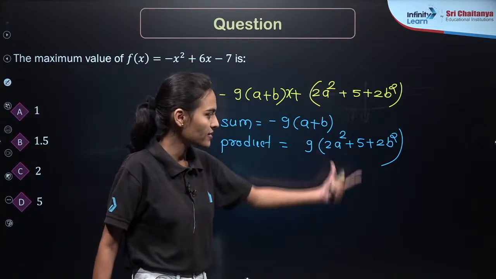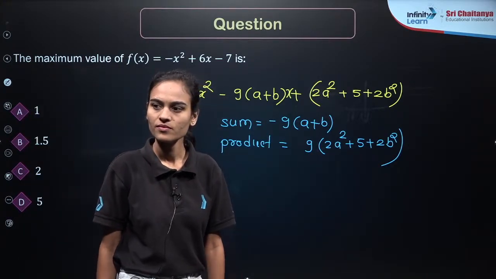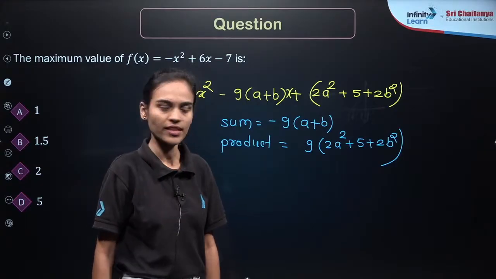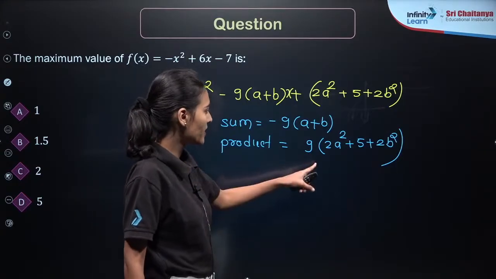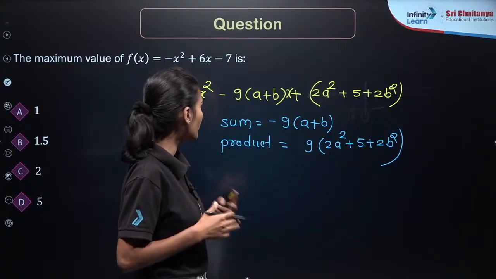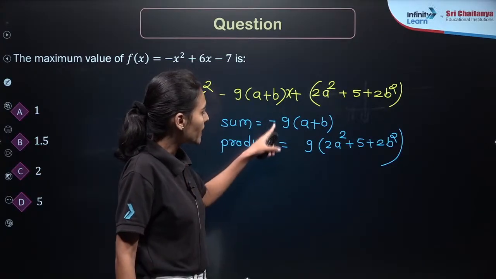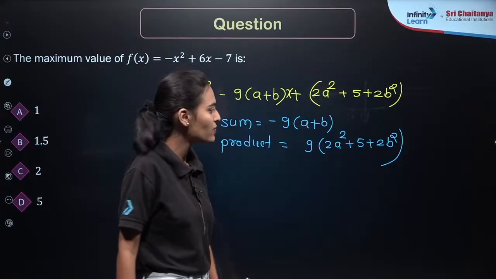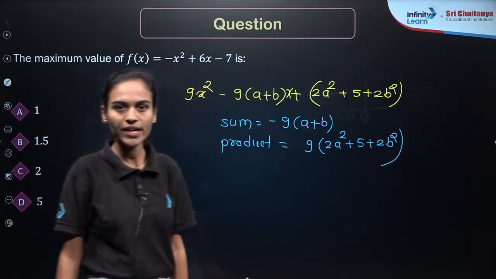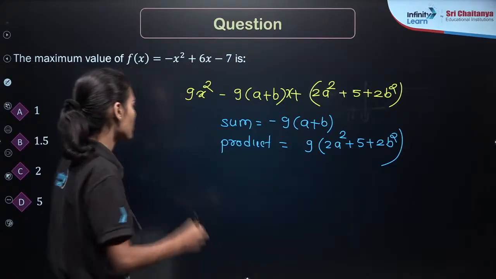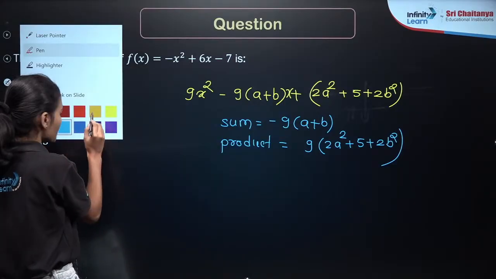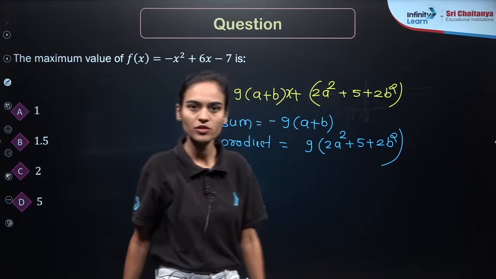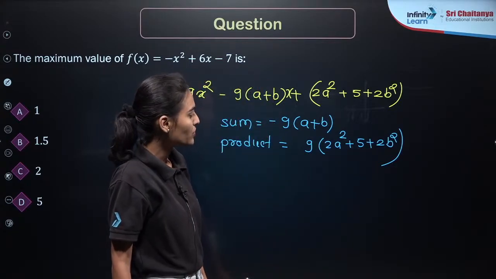So can we factorize this? The thing is, can we factorize the product so that the sum is minus 9 times (a plus b) and the product is 9 into (2a square plus 5ab plus 2b square), then we are done, right? So find two numbers whose product is this: 9 inside the bracket 2a square plus 5ab plus 2b square.